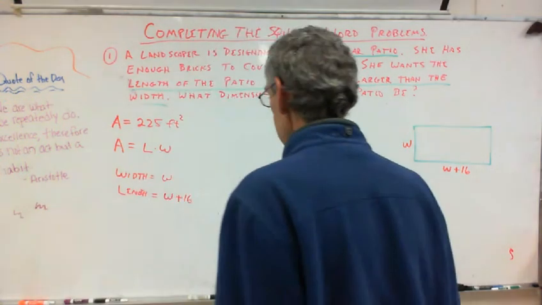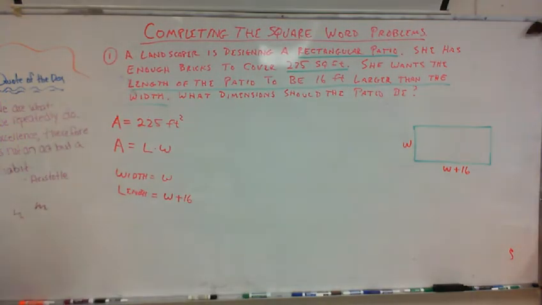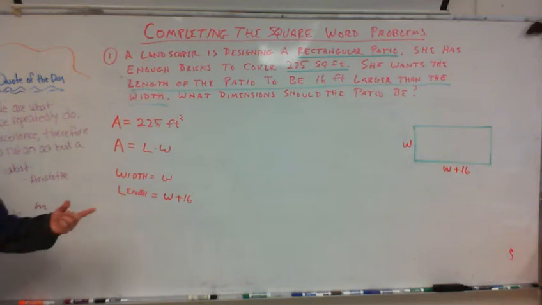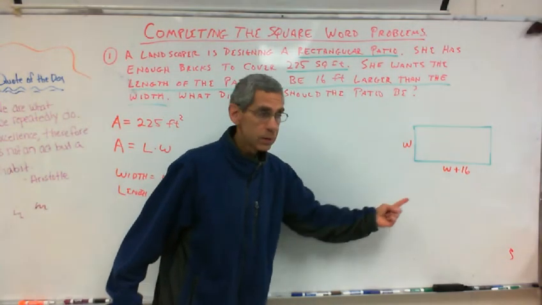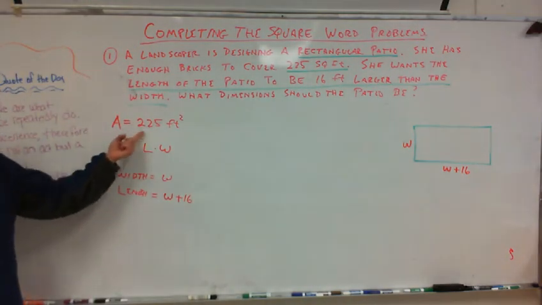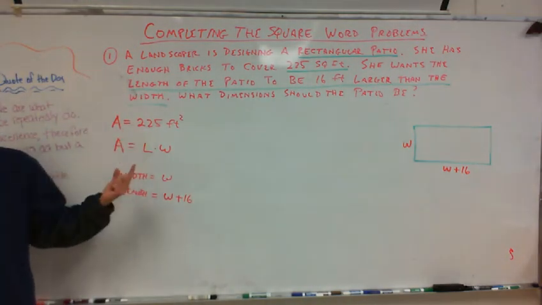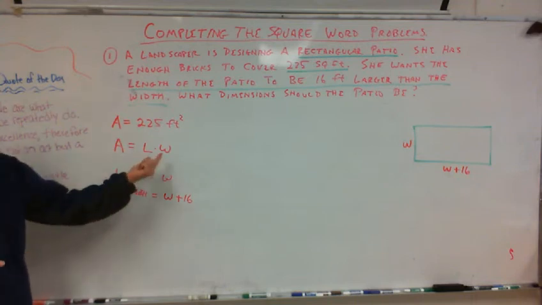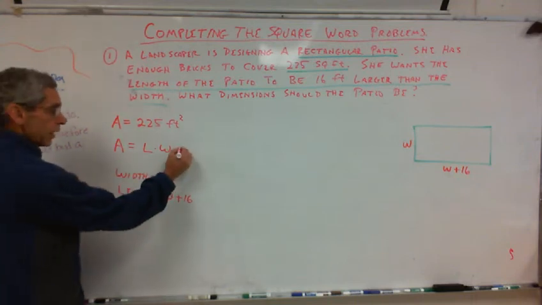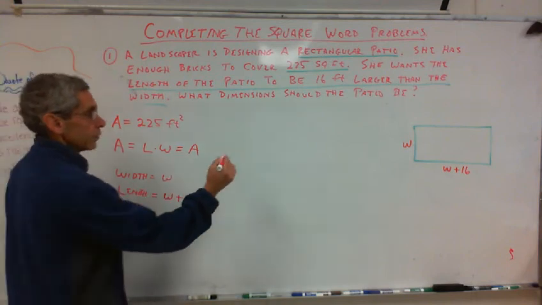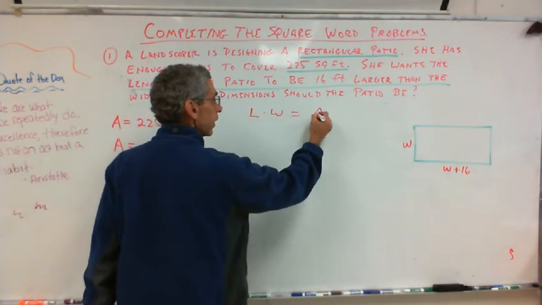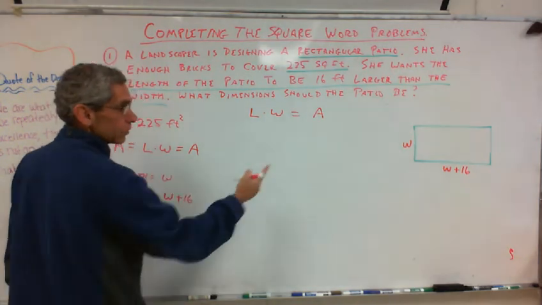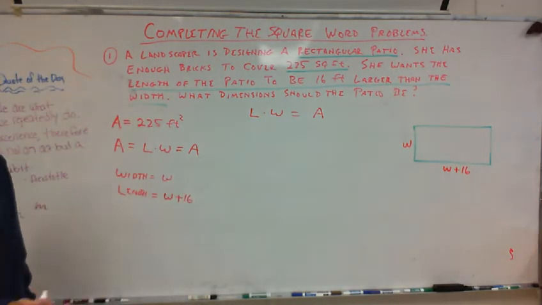Okay. So now they just gave us a width, a length, and an area. So could we just plug it into our formula? Area is length times width. The only thing is I'm going to put the A on the right. So I'm going to say length times width is equal to area. So I know my length is W plus 16.